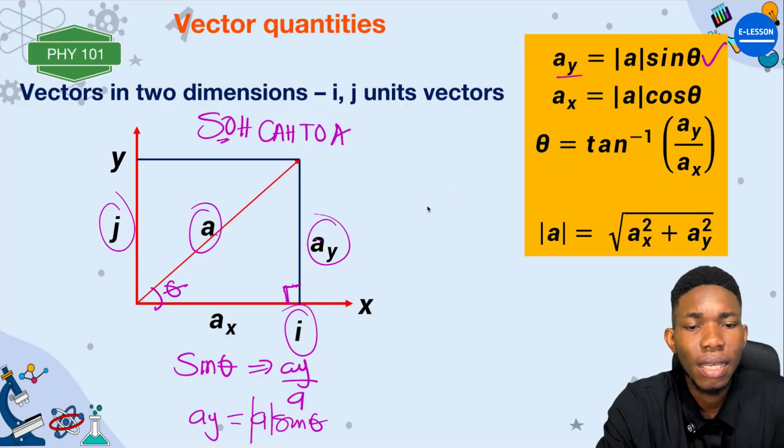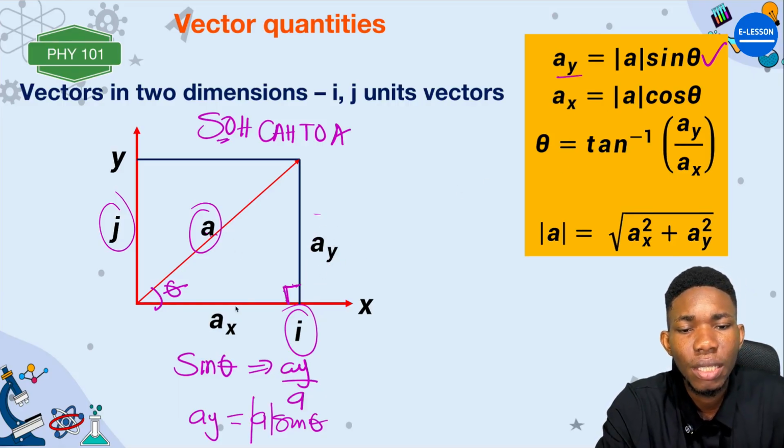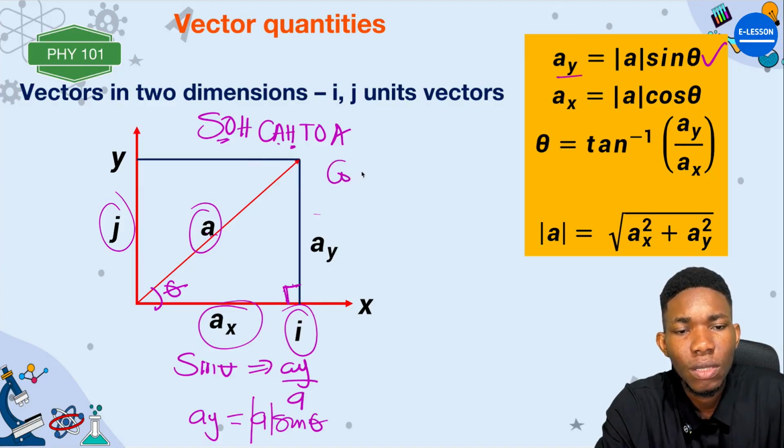Now, the other one is A_x. What's the relationship between A_x and A? Of course, the relationship is adjacent and hypotenuse, okay? So SOHCAHTOA, okay. So that will give us what? Cos theta.